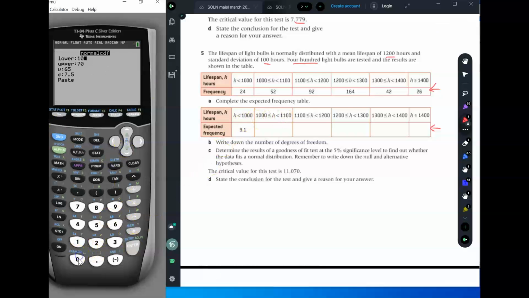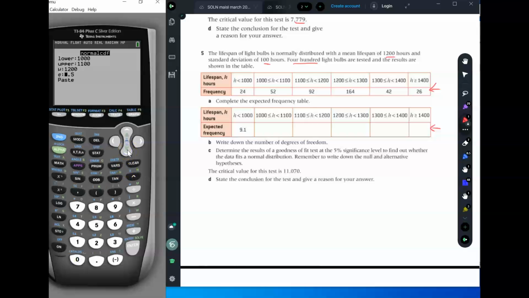So 1,000 to 1,100. And the mean value is 1,200 and the standard deviation is 100. So for mu, we'll put 1,200.